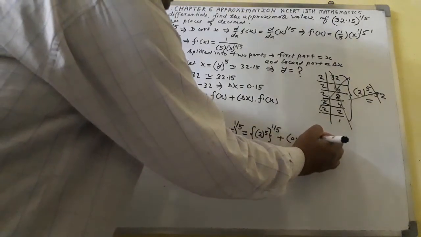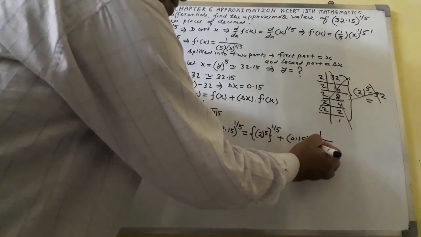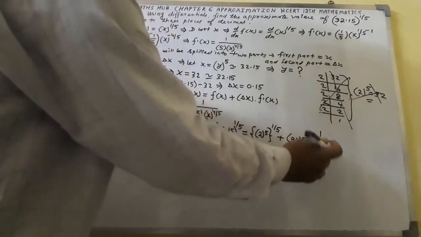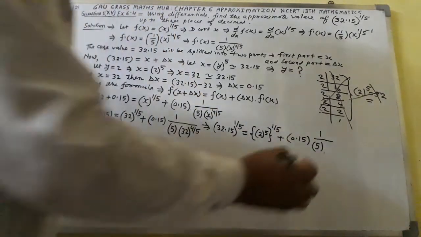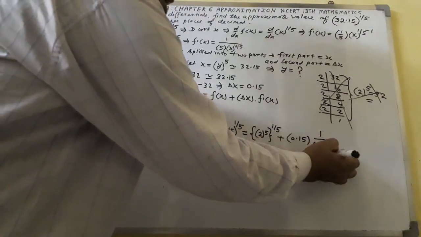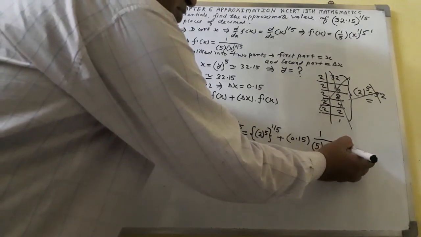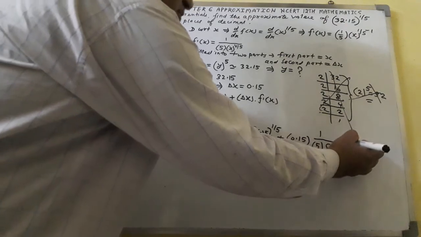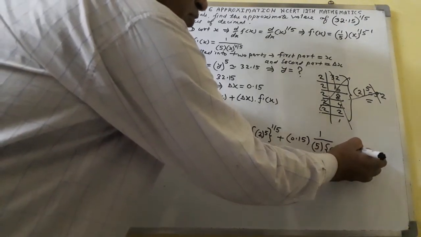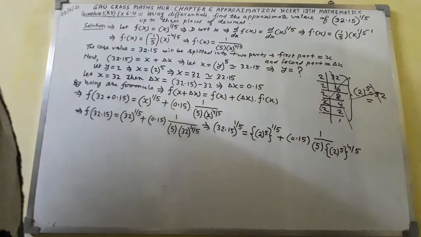Here write 1 over, in bracket, 5 times 32. In place of 32 I shall write 2 raised to the power 5 whole raised to the power 4 over 5. This thing we have got.